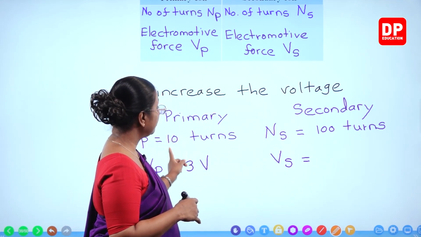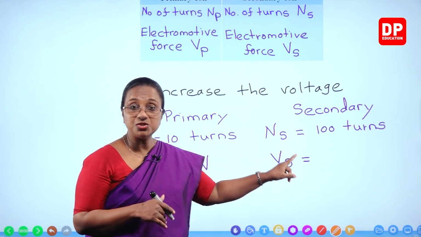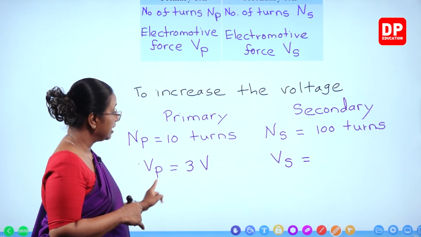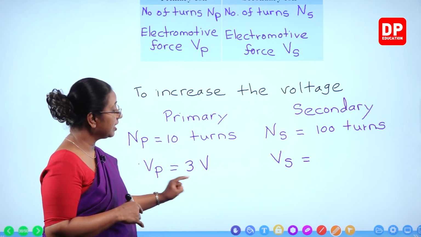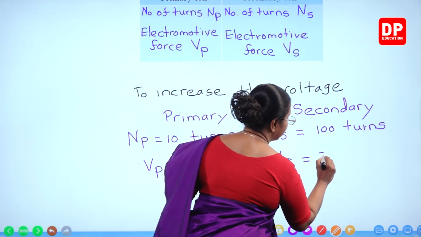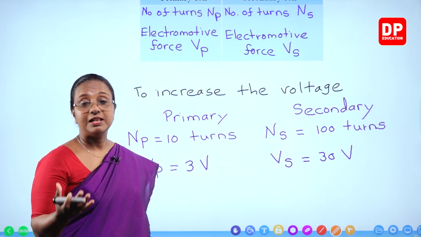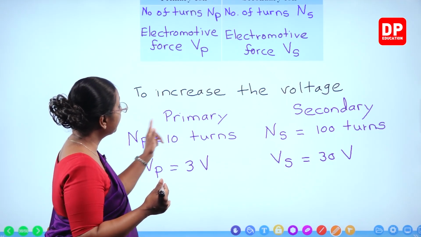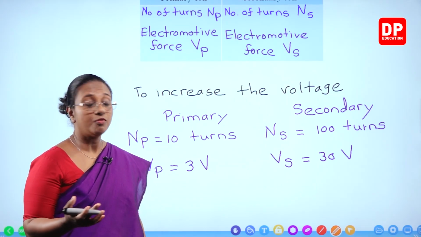Since the ratio between the number of turns is 10:100, that is 1:10, the potential difference will increase the same way. So, when you have 3 volts here, you will get 30 volts there. That is how the step-up transformer functions, increasing the voltage.